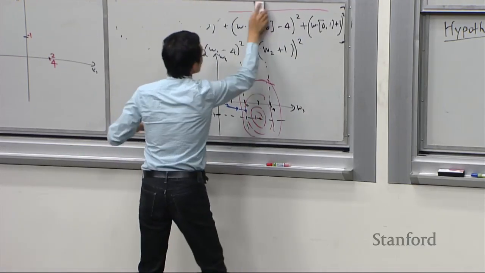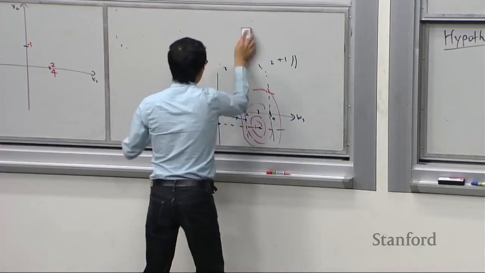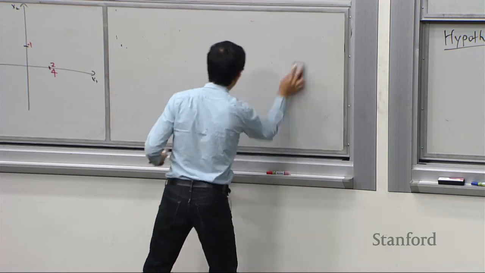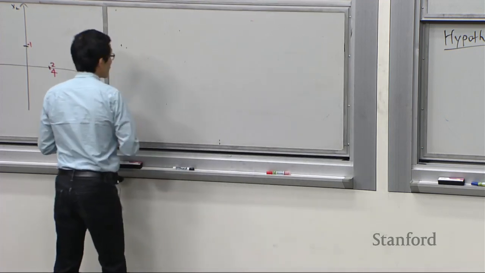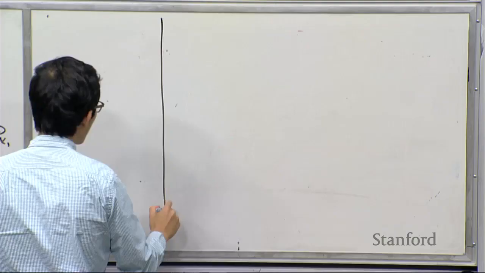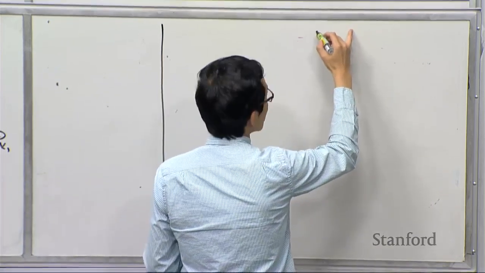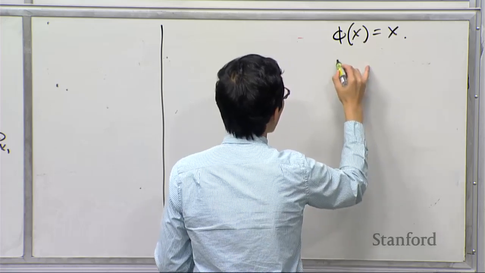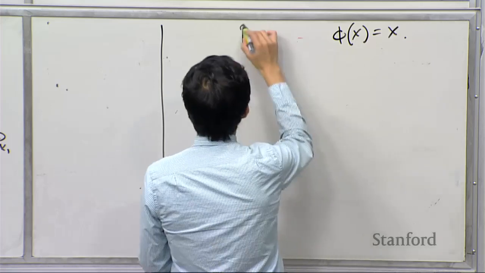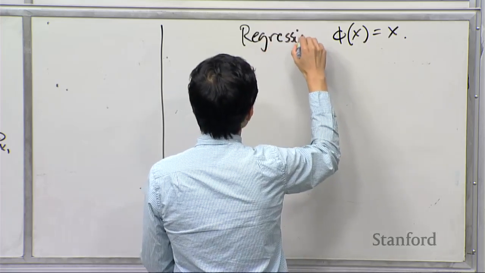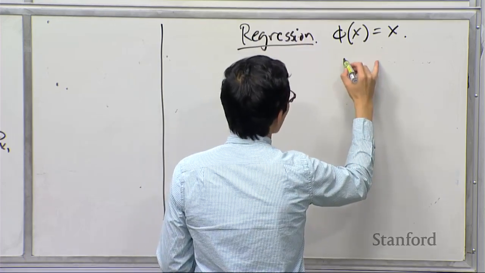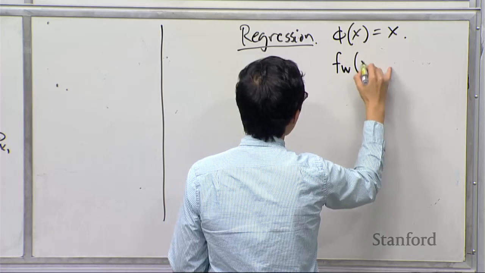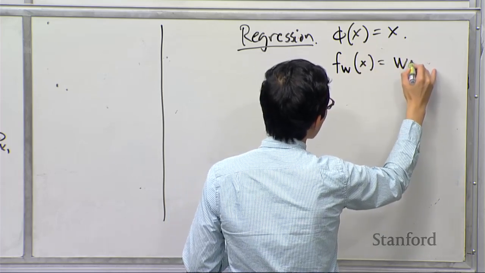Suppose we're doing linear regression in one dimension, which means that x is in R. Let's say phi of x equals x. So we're doing regression, and in this case, f_w of x is simply going to be wx.